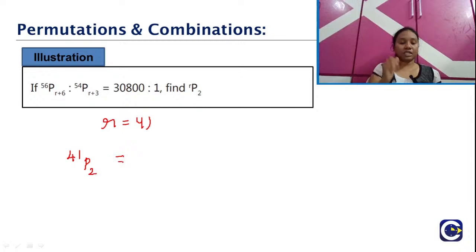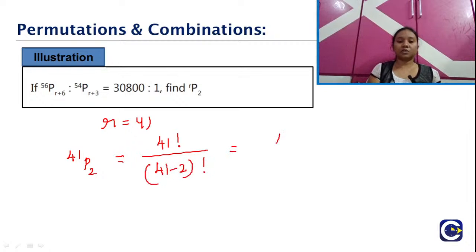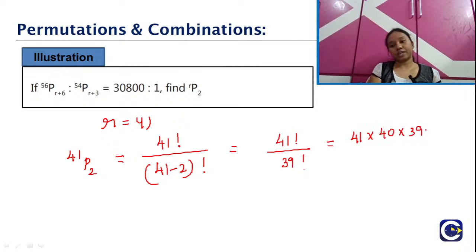41p2, which is equal to 41 factorial by 41 minus 2 factorial, that is equal to 41 factorial by 39 factorial. So again numerator can be rewritten as 41 into 40 into 39 factorial, and in the denominator it's already there 39 factorial.